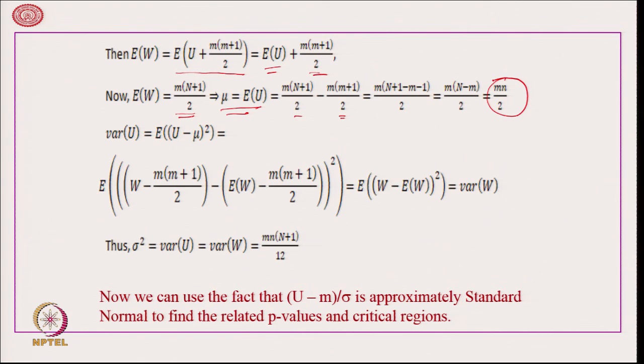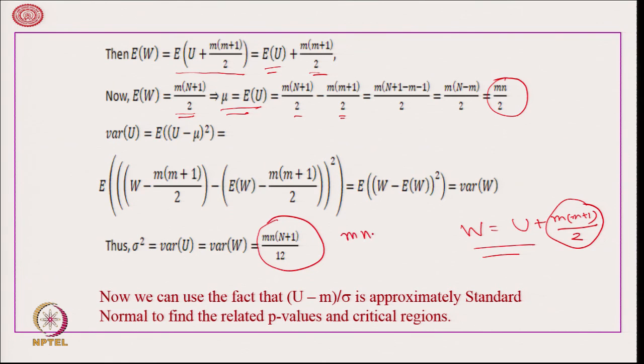Variance, I have calculated it, but actually one does not need to calculate explicitly, because we know the relationship between W and U is W equal to U plus m(m plus 1) by 2. Therefore, because it is a constant, the variances of W and U are going to be the same. Therefore, the same value of variance will come here, which is mn(N plus 1) by 12.